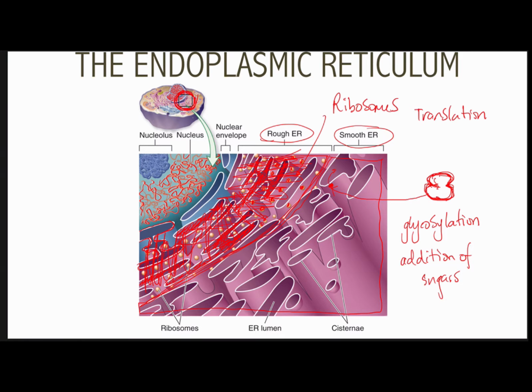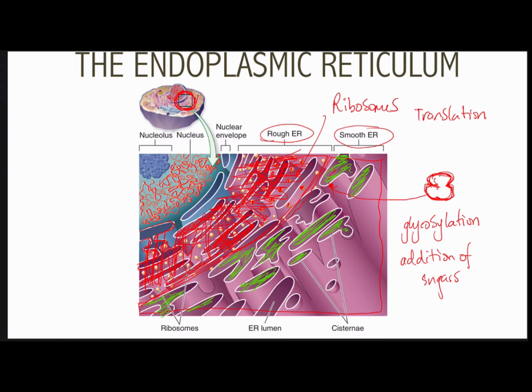Now, the only difference between the two really is the enzymes that you find inside the lumen, inside the endoplasmic reticulum. So the enzymes in here, I'm coloring in green, are going to be different than the enzymes you find in the ER that is closer to the nucleus, which is the rough endoplasmic reticulum.